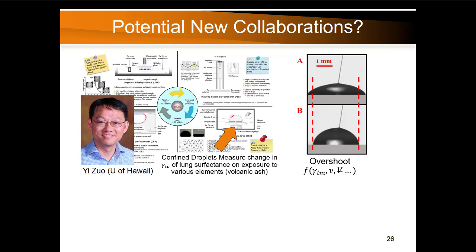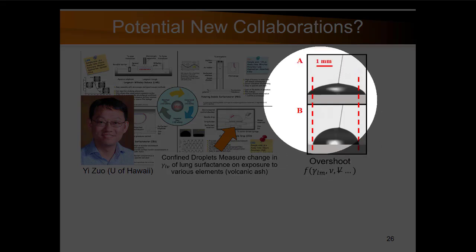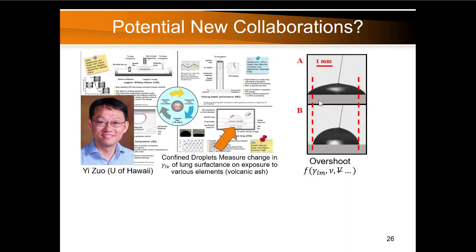The camera we have is a couple hundred dollars, and it can shoot at 600 frames per second. So we can measure the overshoot and the time it takes to get to that overshoot reasonably well. If we could do something like that, maybe we could have a pretty low-cost device to measure surface tension in an enclosure where we can have similar pollutants.